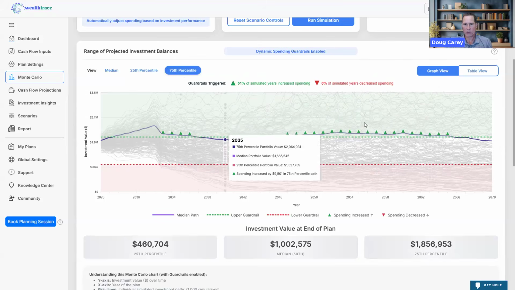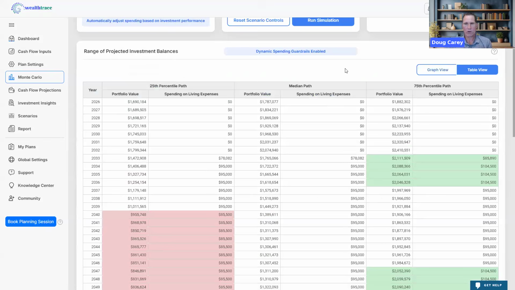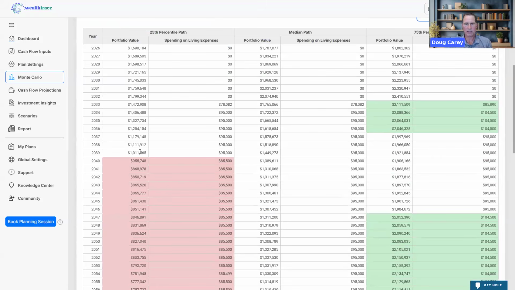So we don't know which path will occur, but we need to look at, right, all the different possibilities. Now, this data is also available in table form, which I kind of like to use because you can see in the 25th percentile path, you can see their portfolio value, you can see their spending decrease here. Here's the median path. Here's the 75th percentile path. You can see them increasing their spending when the portfolio goes above $2 million.